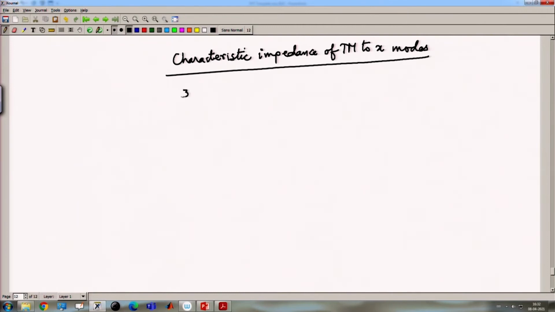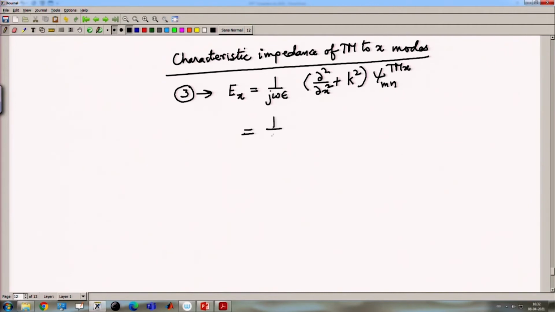we can use equation 3 to find out E x as 1 by j omega epsilon, del square del x square plus k square, psi m n TM x, and that is given by 1 by j omega epsilon del square del x square plus k square.